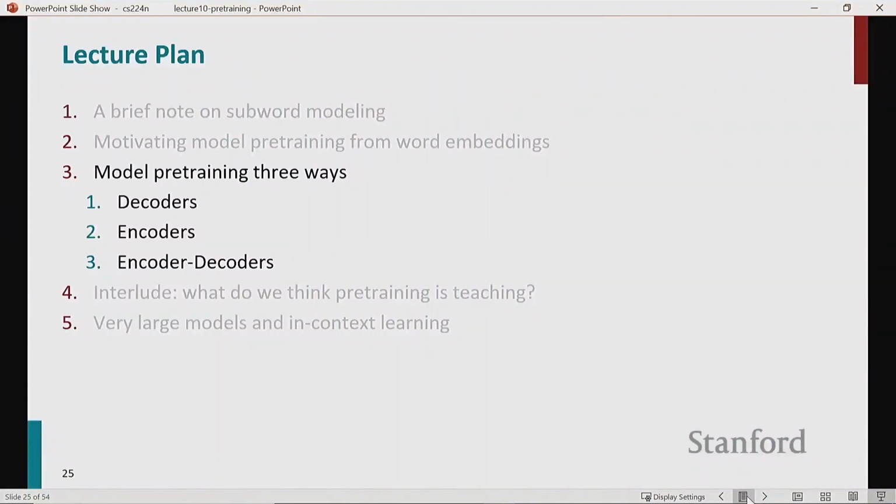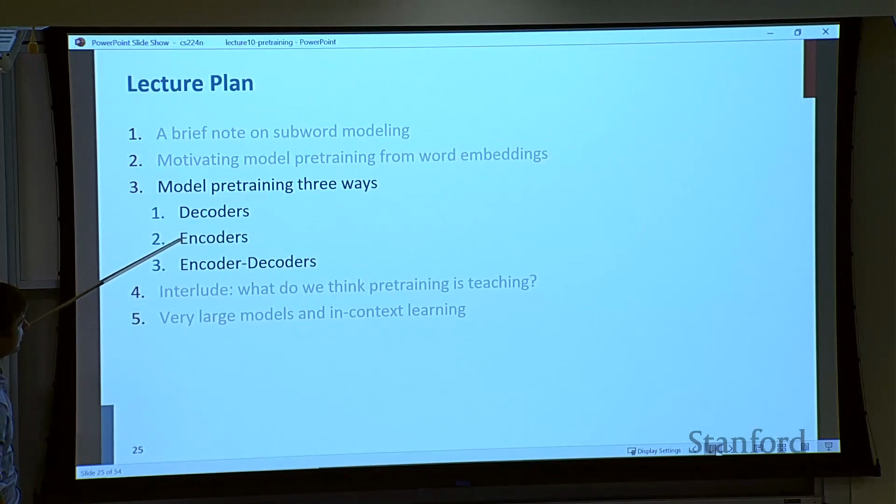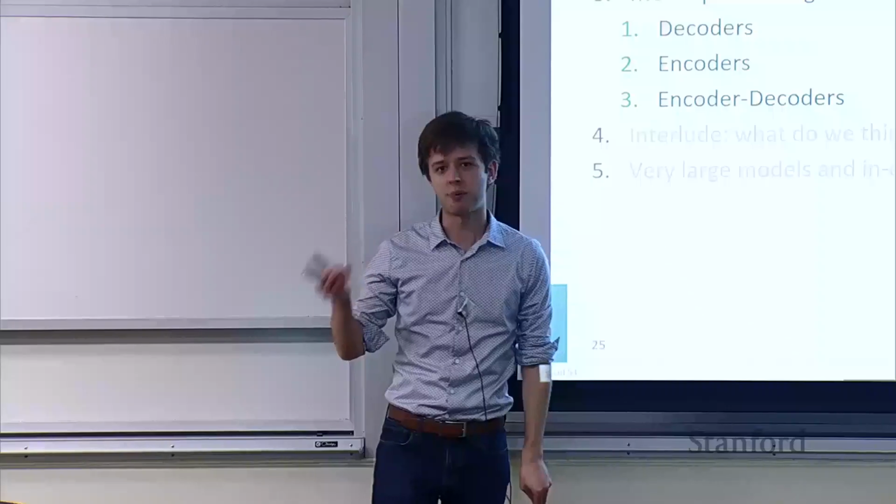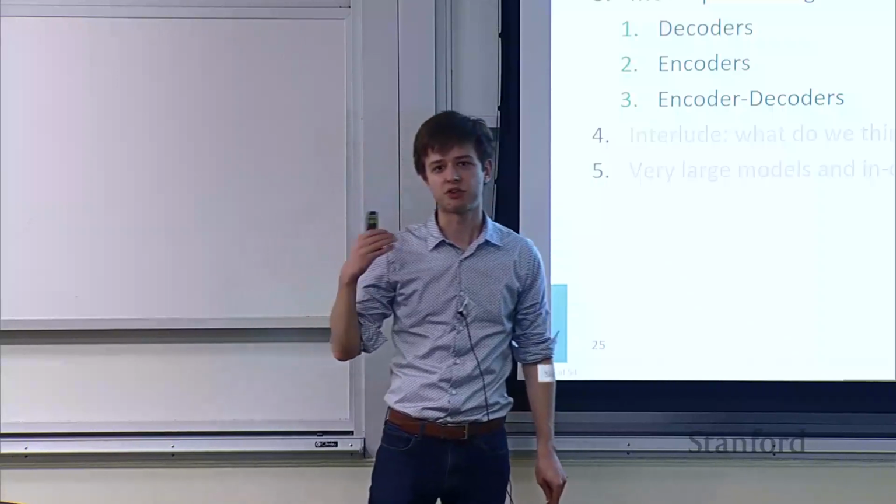OK, so we've talked about mainly the transformer encoder-decoder. And in fact, I said that we could have just the left-hand side, encoders, to be pre-trained, or just decoders to be pre-trained, or encoder-decoders. And there are actually really popular, famous models in each of these three categories.